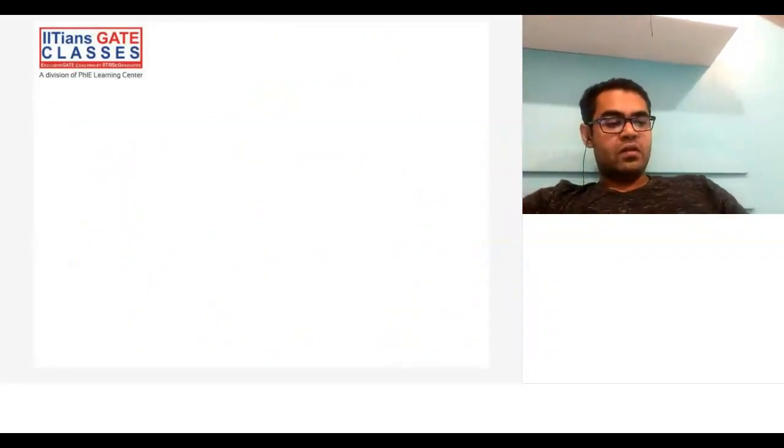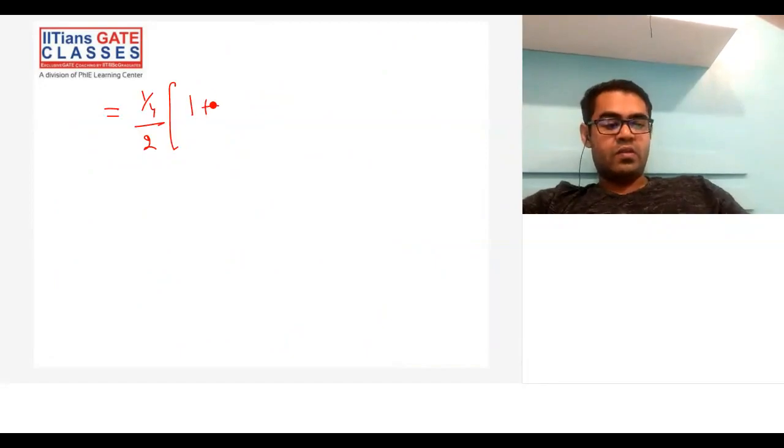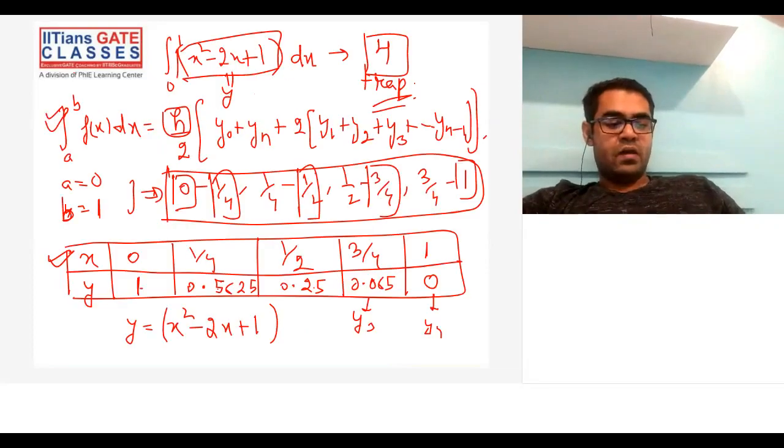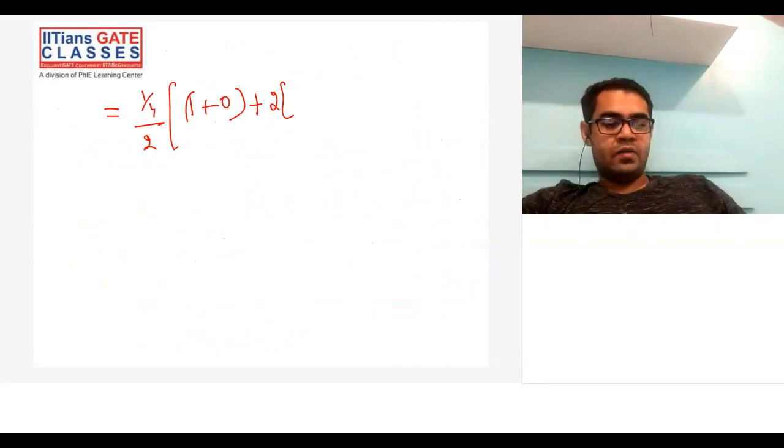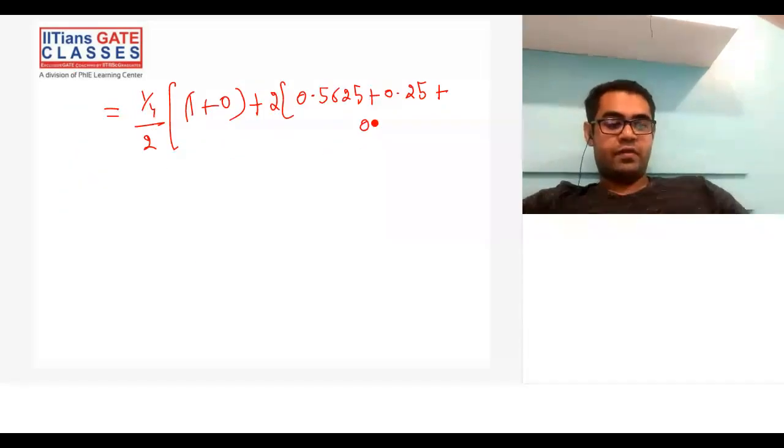So the integration becomes h is 1 by 4 by 2, times y0, which is 1, plus yn, which is 0, plus twice of y1, y2, y3 added up: 0.5625 plus 0.25 plus 0.065.